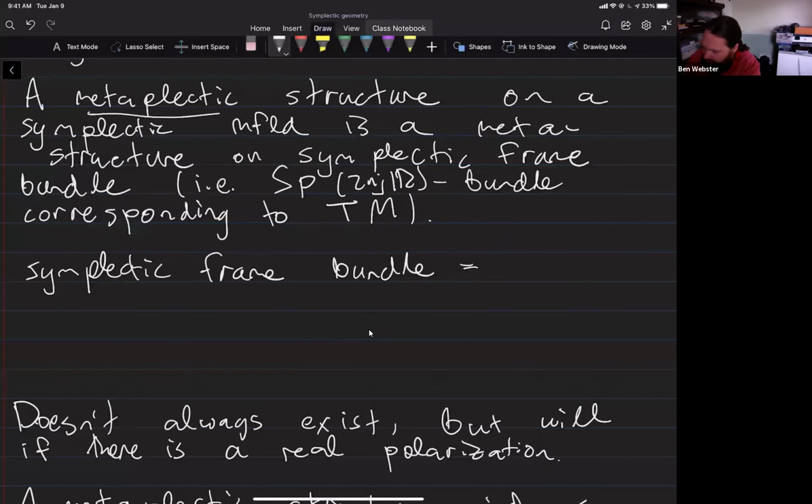So the symplectic frame bundle, this is pairs consisting of (m, phi).